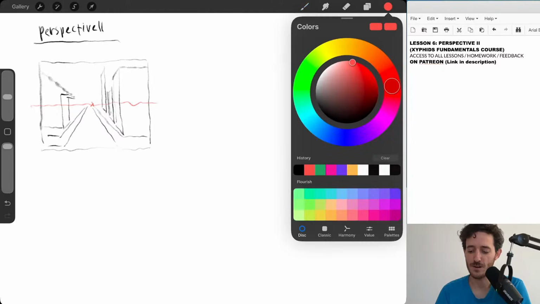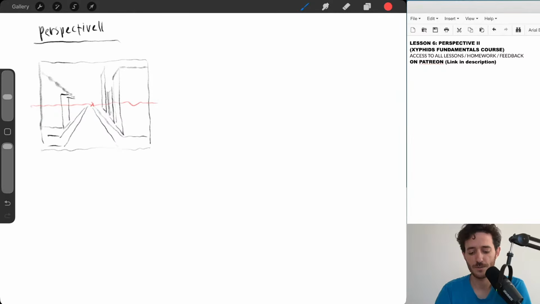So right up until now, we only talked about one vanishing point, right? And in order to start having things sitting in not only dead-on perspective, but in all kinds of directions, we need to add another point, right? So let's see what that looks like.